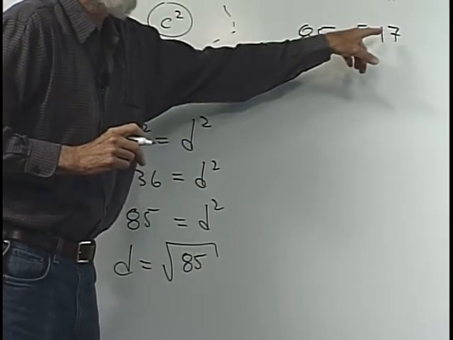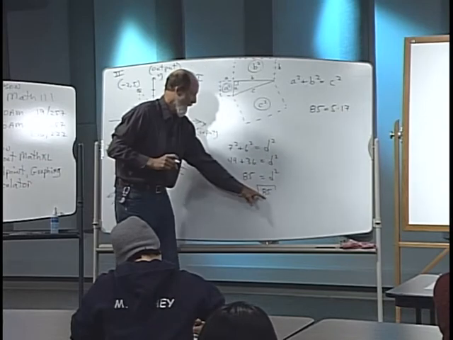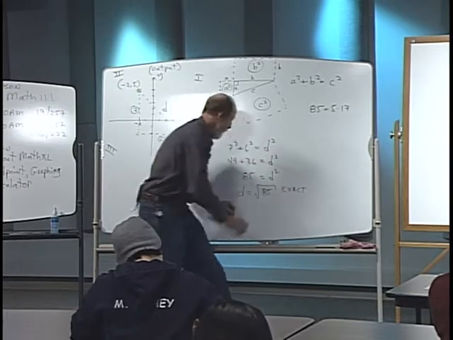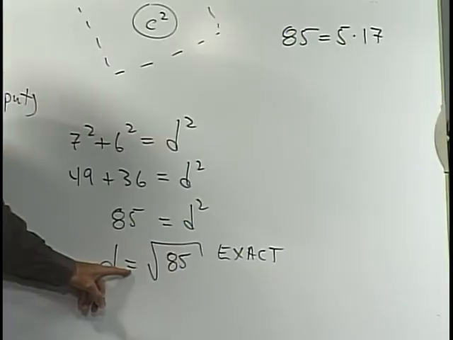So we pick up the 5 times 17. Both those numbers are prime, aren't they? So we cannot simplify this. This answer is exact. And you'll notice that I use a precise equal sign right there.